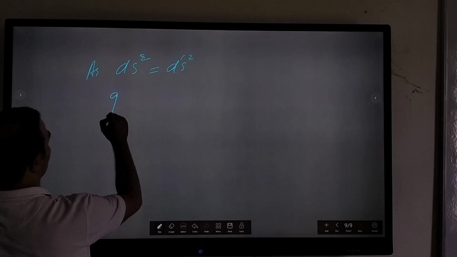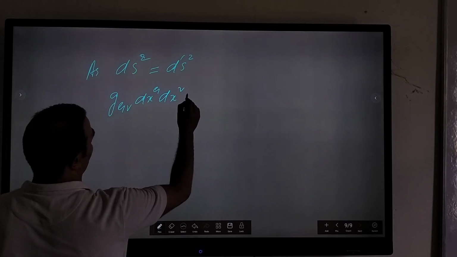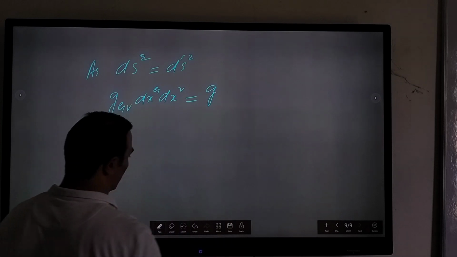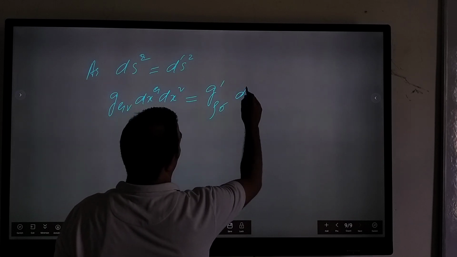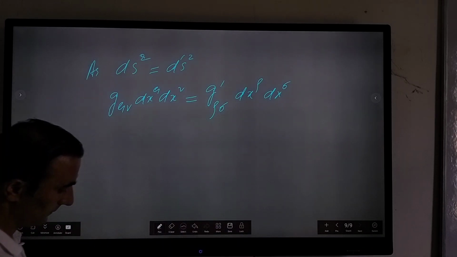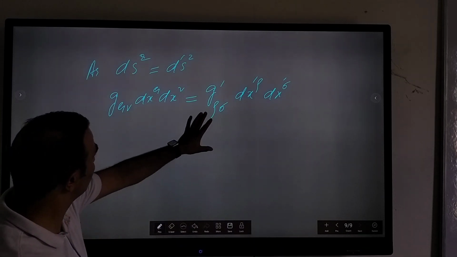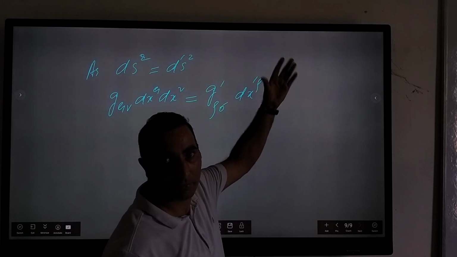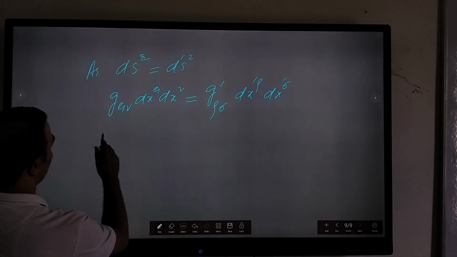Or you can write this as, that will be equal to some g of rho sigma prime dx rho dx sigma. Okay, because our ds square is invariant, so ds prime can be written in this way because in some primed system it is the square of the length element, right?